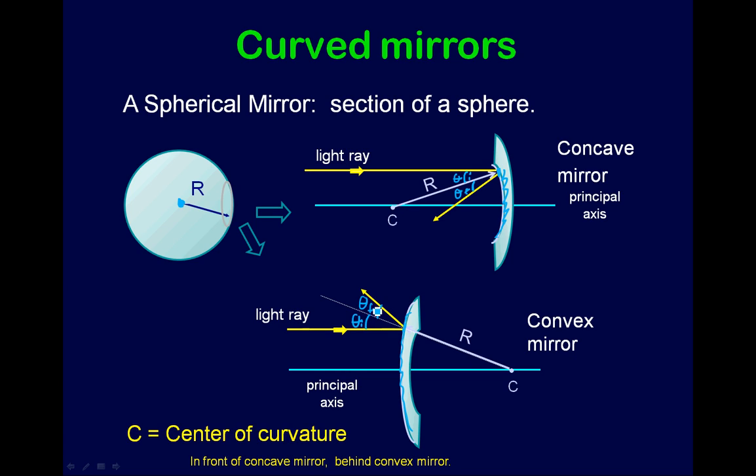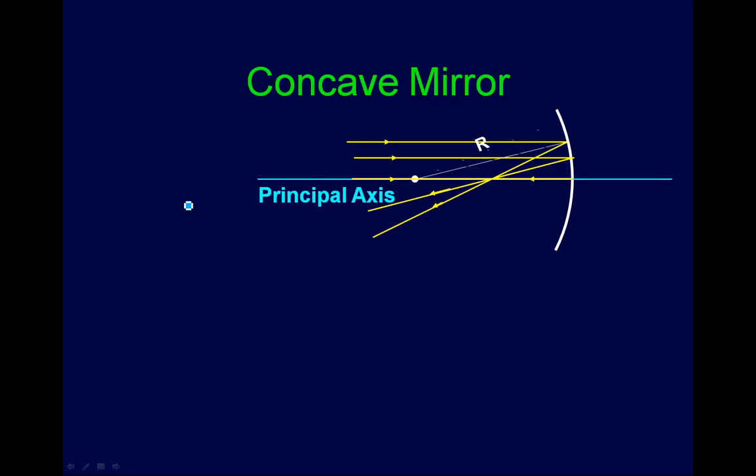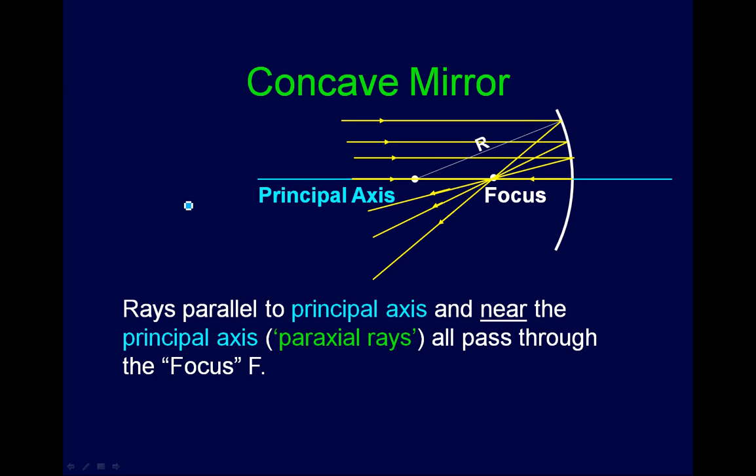And just the definition, C is how we define the center of curvature, which again is just the center of this sphere over here. Now let's look at a concave mirror a little bit more closely. We see that these rays that come in parallel to the principal axis, and again each one is bouncing off its little piece there, are going to be focused at this point we call the focus.